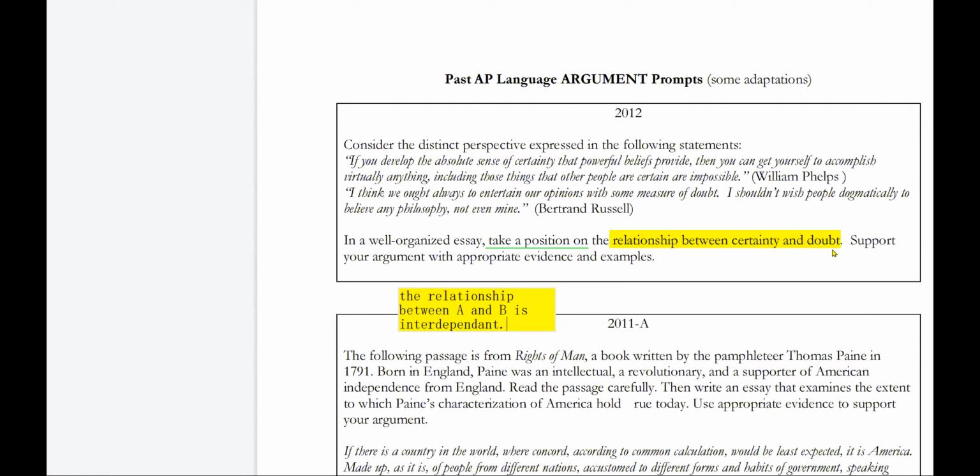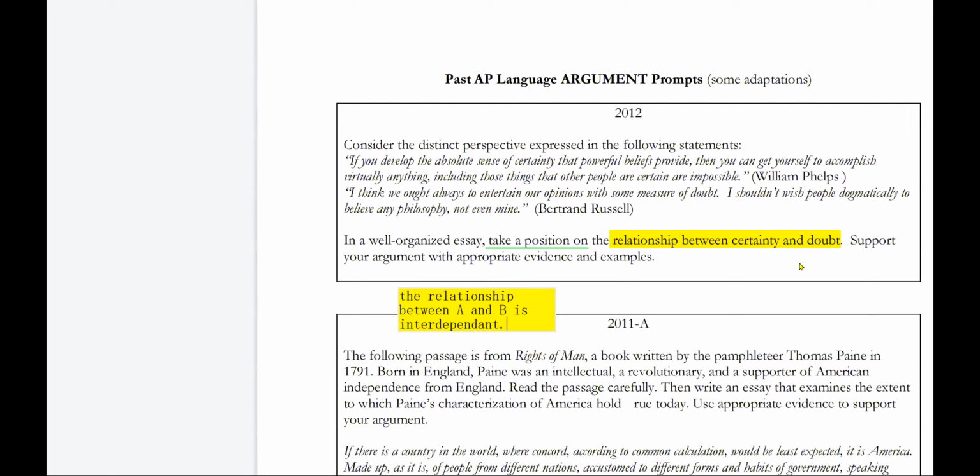But that year we witnessed students write an essay arguing that we must doubt our world constantly, because only when we doubt the world can we make progress. Only when we doubt the world will we not be subjective.